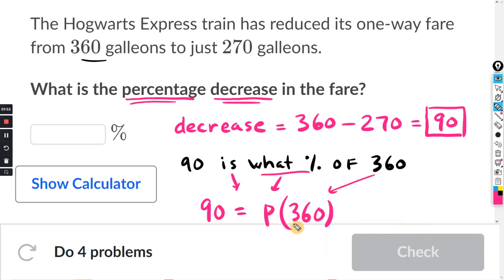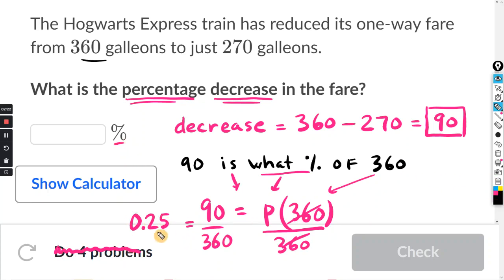Solving for P, we have P times 360. The opposite of times is divided by 360. You want to do the same thing to both sides. And it cancels here. And 90 divided by 360, if you do that on the calculator, you should get 0.25. Now, we want the answer in terms of percent.